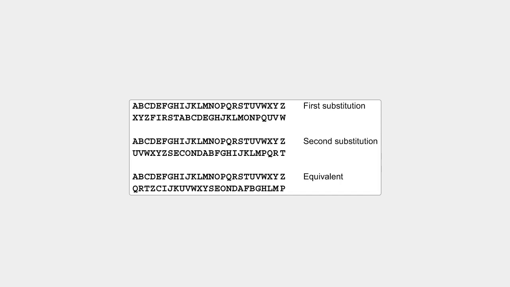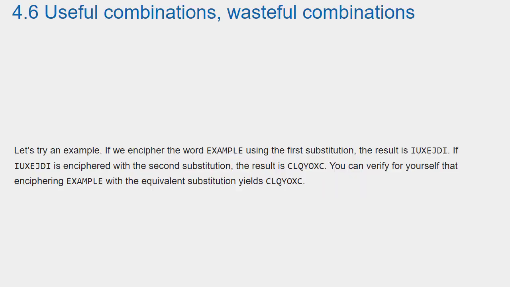Here is an illustration. The 2 substitutions are mixed with the keys first and second. The third substitution is equivalent to performing the first followed by the second. Let's try an example. If we encipher the word example using the first substitution, the result is IUXEJDI.